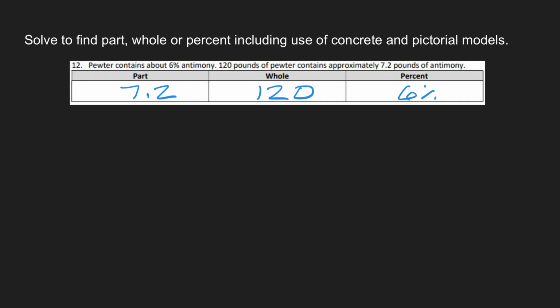Let me highlight it. 6% is that funky word I can't pronounce, and 7.2 is also that funky word, so that's why it goes here as the part, and the whole would be the 120.